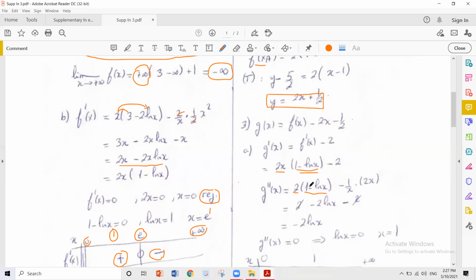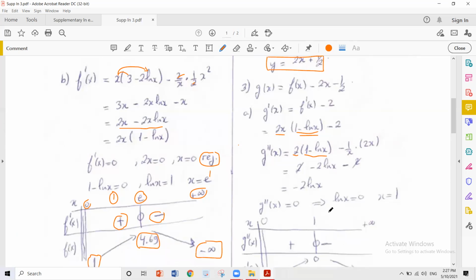Derivative of 2 is 0. 2 minus 2 ln x minus 2, we get minus 2 ln x. Now we solve g double prime x equal to 0, يعني ln x equal to 0 يعني x equal 1.